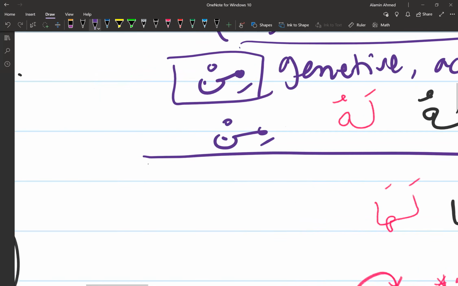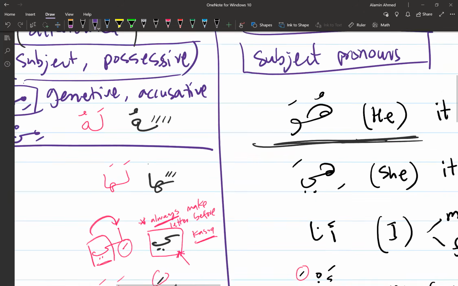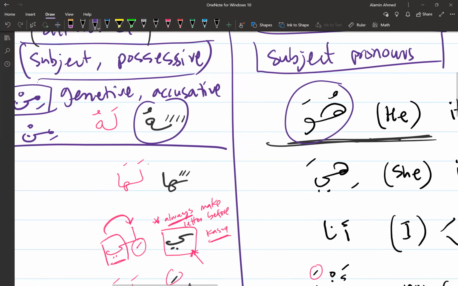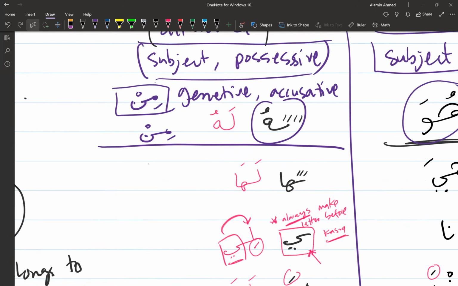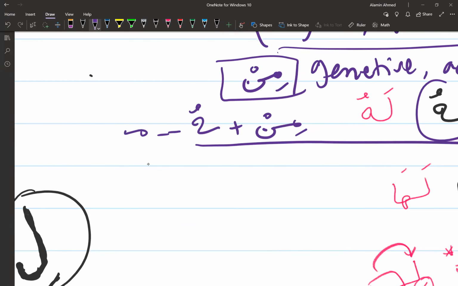Now we have to attach what? Do we use huwa or hu? Which one? Minhu, yes, now you got it. So we attach min plus hu, then it becomes minhu.